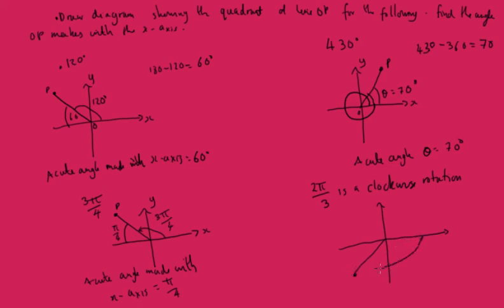So from here to here we have 2 pi over 3. So there must be one more third here. So we have an acute angle made with the x-axis equal to pi over 3.